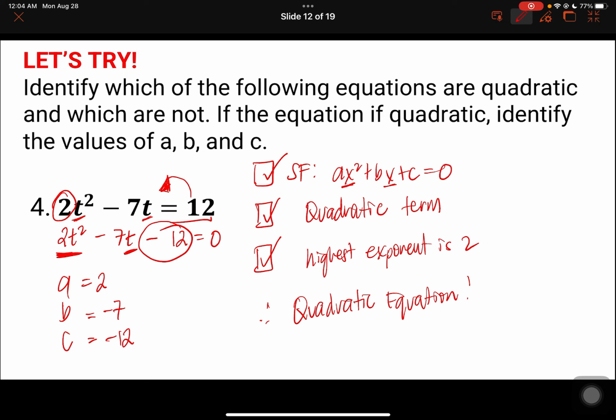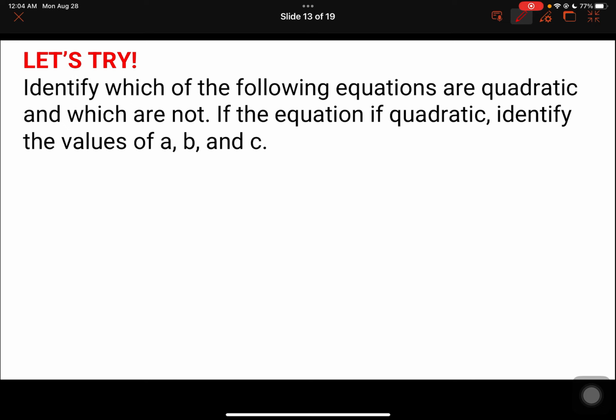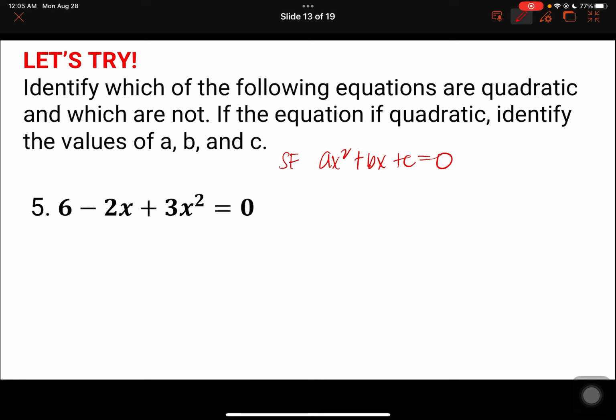Okay? So, next example, let's have the fifth example. If you have 6 minus 2x plus 3x squared is equal to 0. So, is it a standard equation or not? Naka-standard equation ba siya? Hindi pa po, kasi ax squared po dapat yung una natin. So, standard equation po muna natin. So, magiging 3x squared minus 2x plus 6 is equal to 0.